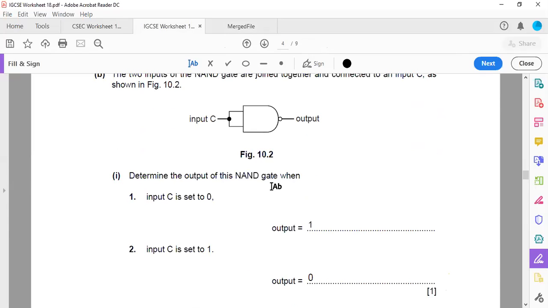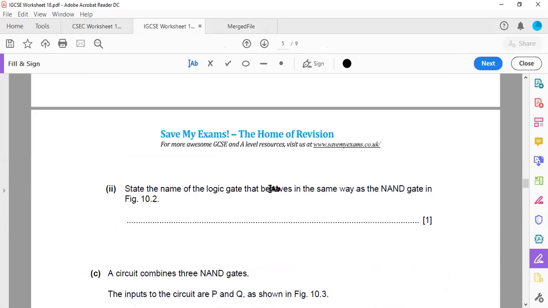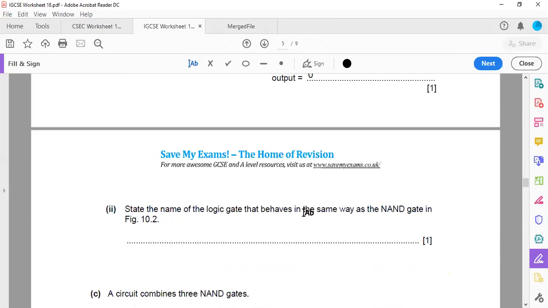Right, now we go back. Notice the question they asked was: state the name of the logic gate that behaves in the same way as the NAND gate in 10.2.